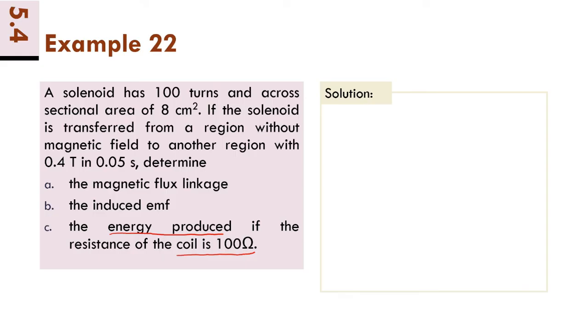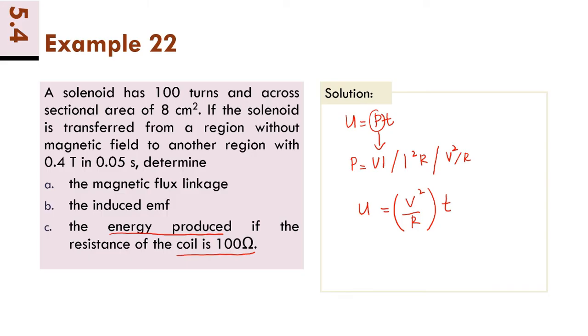So given R equals 100 ohm, since R is given, we can use the formula energy equals P T, and power can be V I or I squared R or V squared divided by R. So replace P by V squared over R, so energy is V squared over R times time T. Why do we choose V squared over R? Because we have the information.